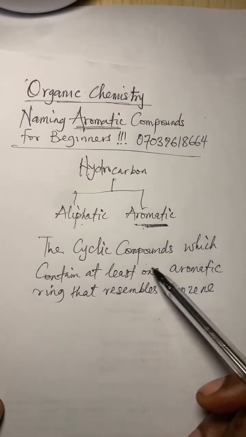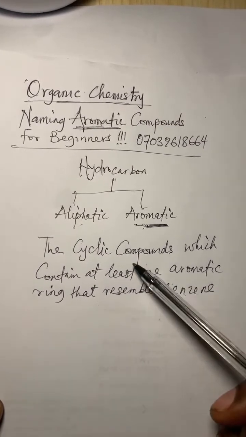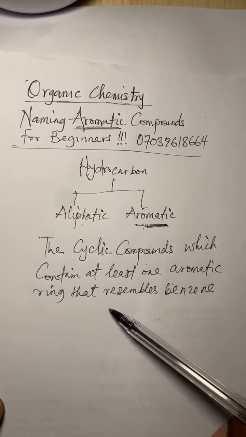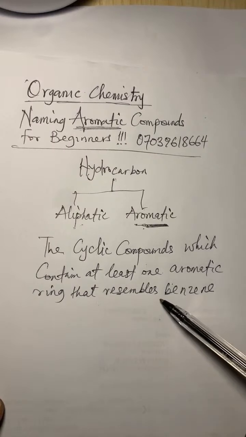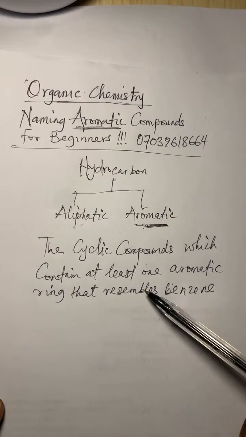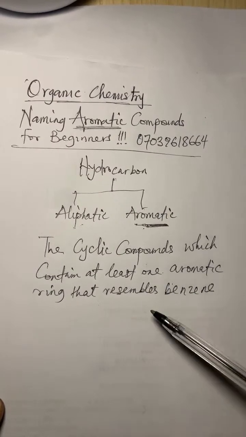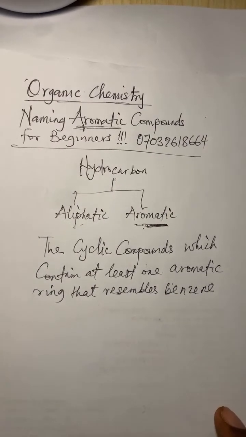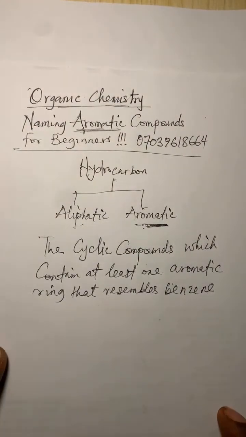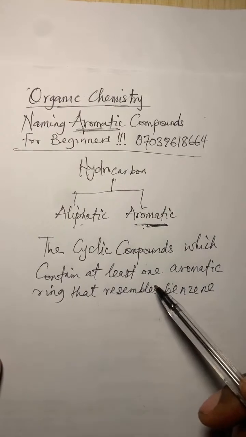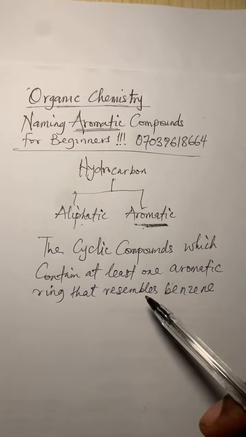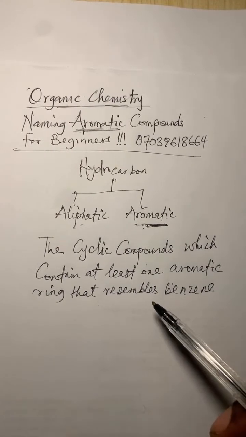So this is what we call aromatic compounds. We talk about the cyclic compound which contains at least one aromatic ring that resembles benzene. So aroma means sweet smell. Therefore, compounds which have sweet smell are known as aromatic compounds. Did you get that? I repeat, aroma means sweet smell. Therefore, compounds that have sweet smell are known as aromatic compounds.